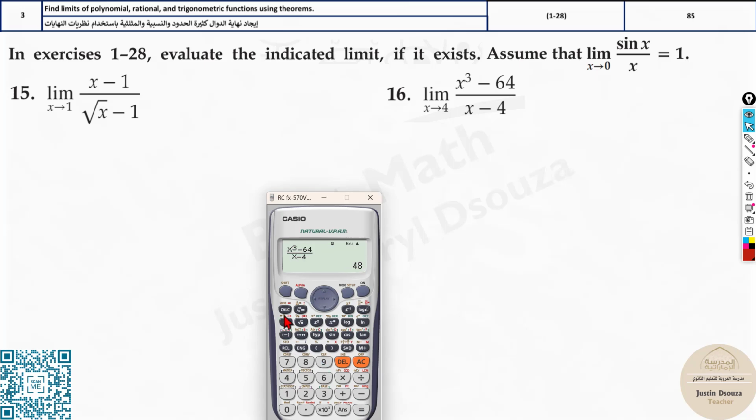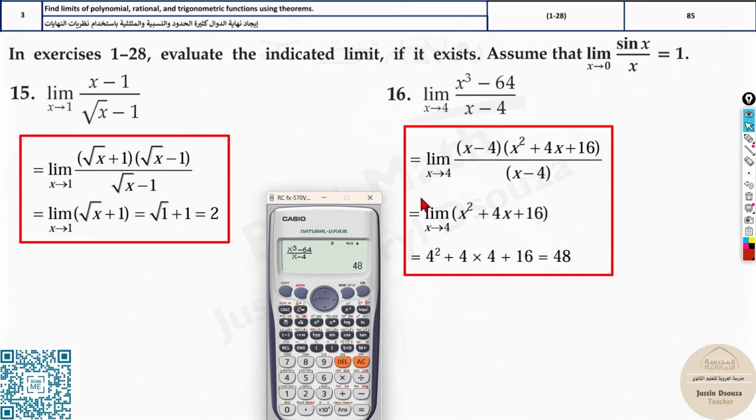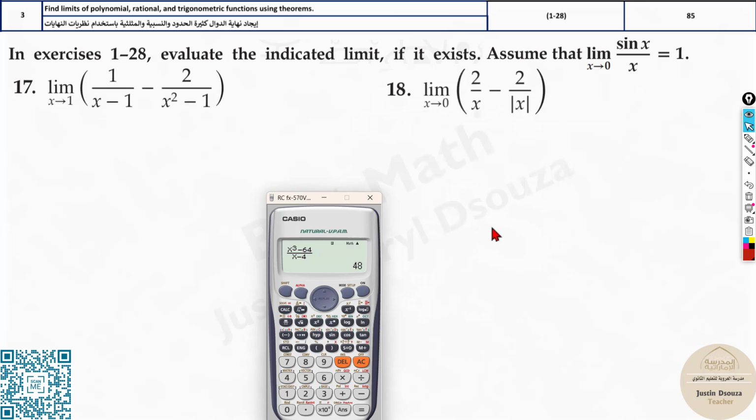We get 48, and also calculate it at 4.0001, and you can see the value is 48 itself. If you take more approximation, 4.000 and a lot of these, we get 48. It's okay for fractions, rationals, but if it's natural logarithm, don't take high approximation, you might get an error. We will see such problems as well.